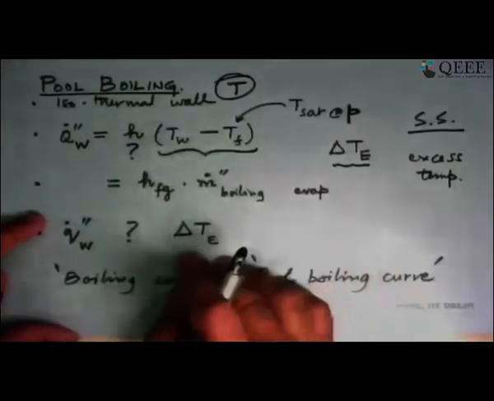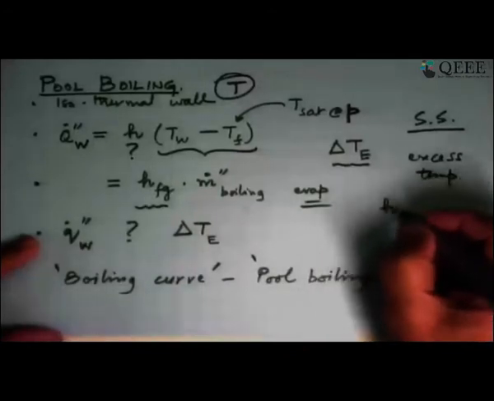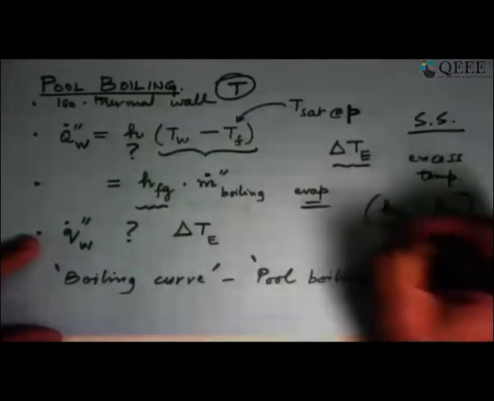If it was evaporation, instead of m dot double prime boiling, it would be m dot double prime evaporation. That is the only difference. But remember, h_fg is the specific enthalpy of evaporation, defined as h_g minus h_f for a saturated state.